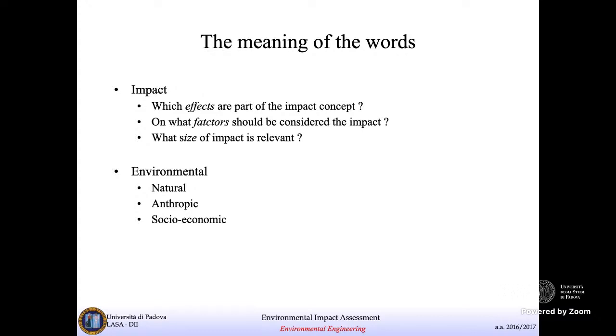Instead, the effort of the environmental impact assessor is to find the most general way of implementing this procedure in order to include all the factors that the consultant feels are relevant.